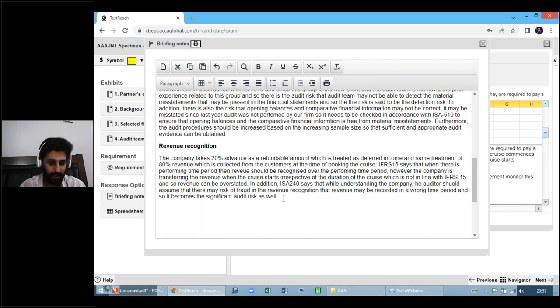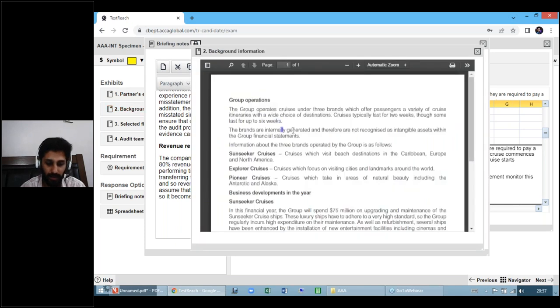Now that's a very simple thing I have written down, that there is a risk that revenue can be overstated, and simultaneously you are supposed to write the fraudulent kind of thing, and so my answer is complete with respect to the revenue recognition. Now let's move forward.